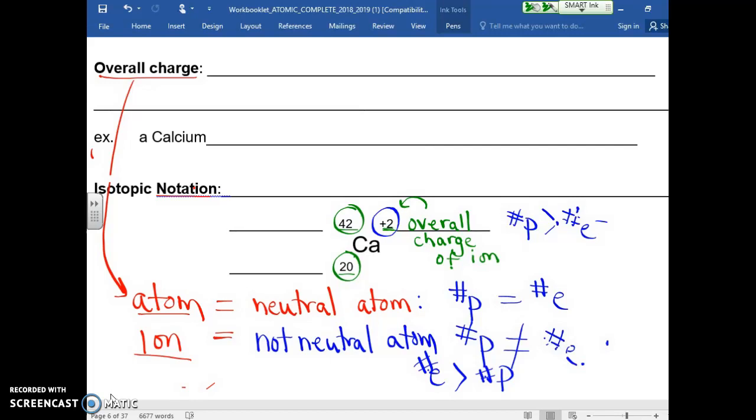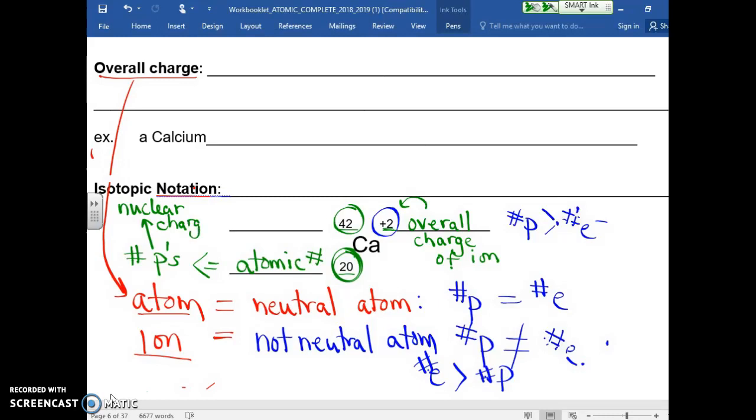Remember, if you wanted to know the nuclear charge, you would look at the atomic number, which is placed in the lower left-hand corner. Remember, the atomic number tells you the number of protons, and since it tells you the number of protons, it's telling you the number of positive charges. It's telling you the nuclear charge on the atom.